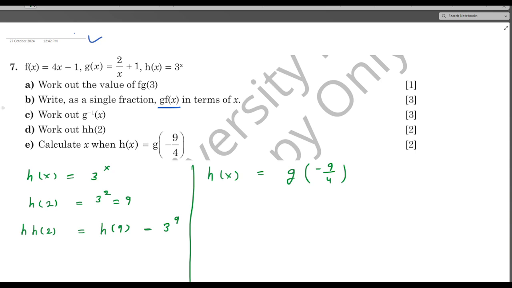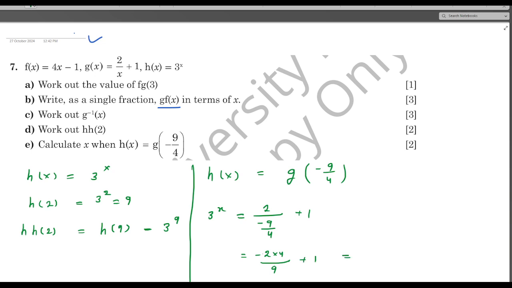Now h of x you can write as 3 power x. g of minus 9 by 4, so it is 2 divided by, now x is replaced with minus 9 divided by 4 plus 1. So this right hand side will be 2 times 4 divided by minus 9. So I will say that minus I can write in the numerator plus 1.